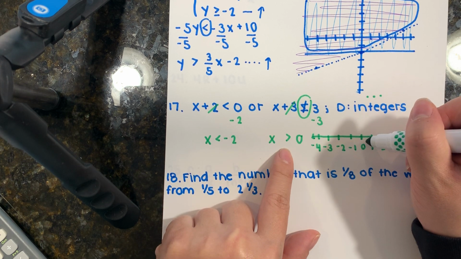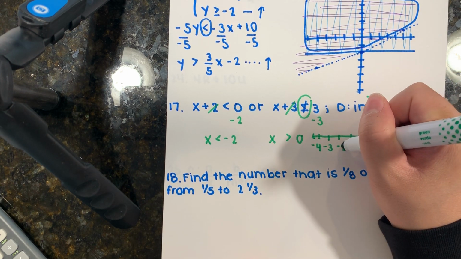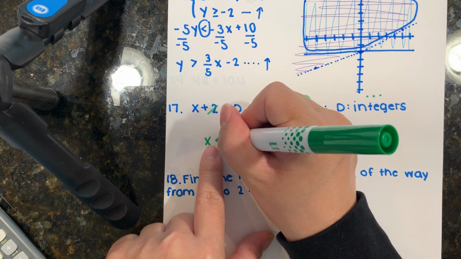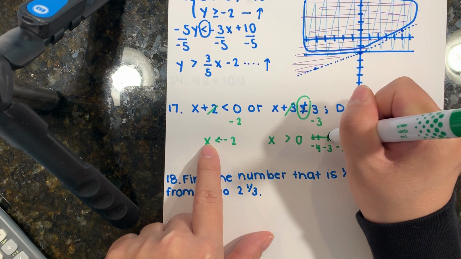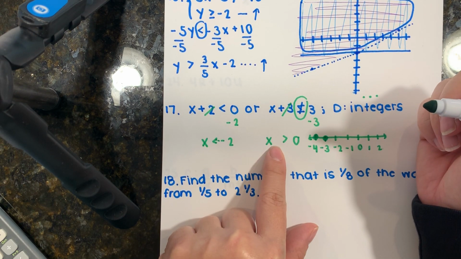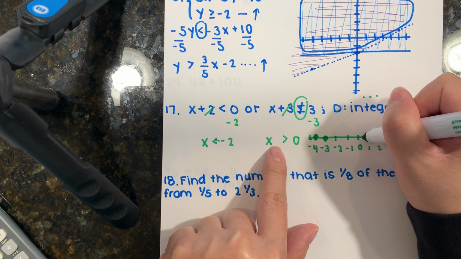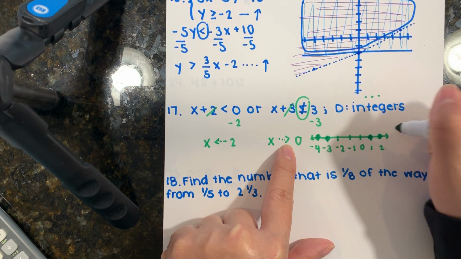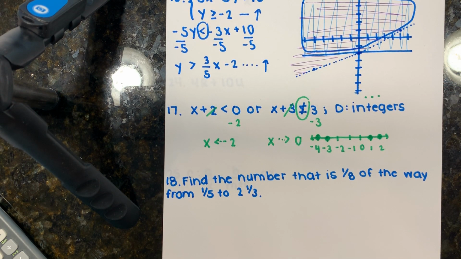And on 0, it's also not going to be filled in. Everything less than negative 2 would go to the left of negative 2, so I would fill in the dots to the left of negative 2. And for 0, I fill everything to the right of 0. So that would be 1, 2, and that would keep on going in either direction. Integers are points, not just that arrow that encompasses everything.